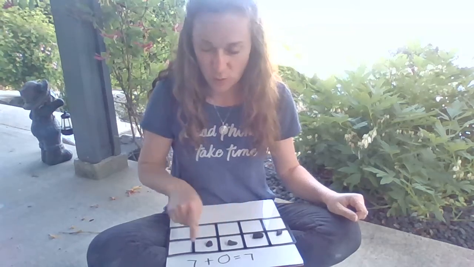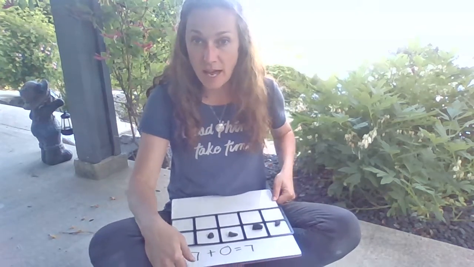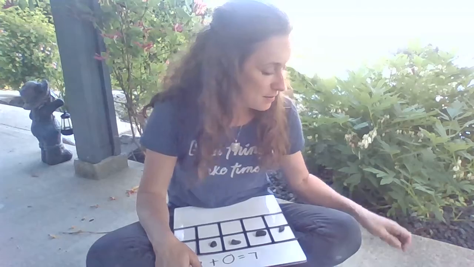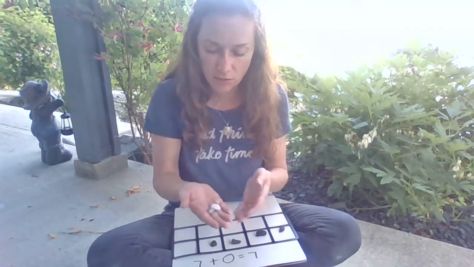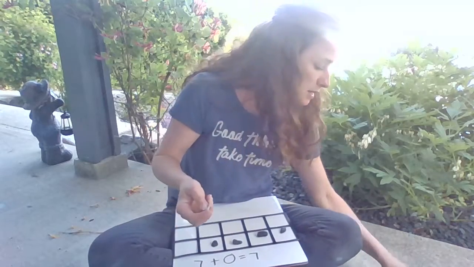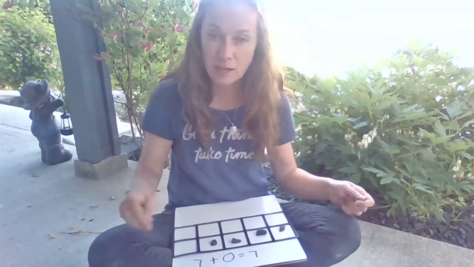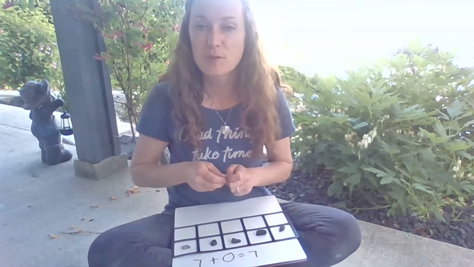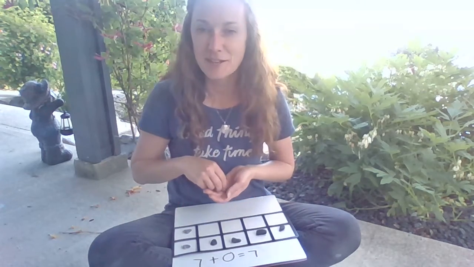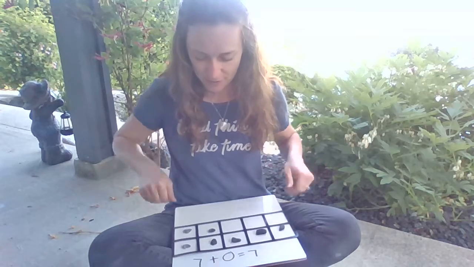1, 2, 3, 4. But I have to build 7 because 7 is my challenge. So now I'm going to grab my other things to count, and let's see how many shells I need so that I can get back to 7. So I had 4, 5, 6, 7.